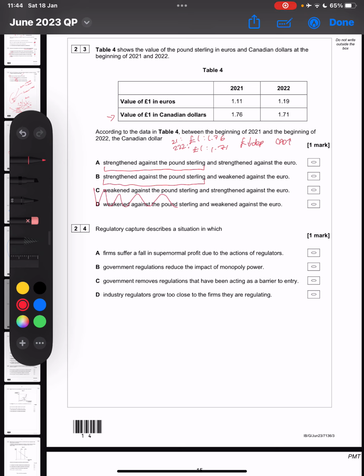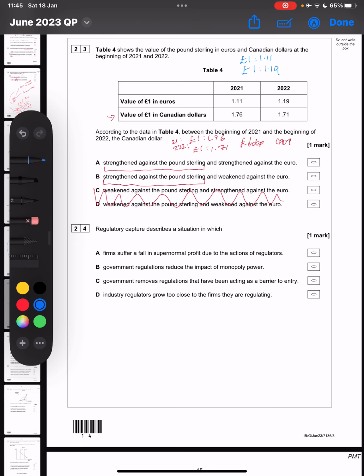So we can already disregard C and D. Right, okay, next one. We need to see if it's weakened against the euro. We are given data that £1 could get you €1.11, and then £1 could give you €1.19.